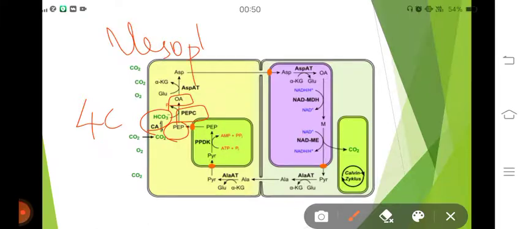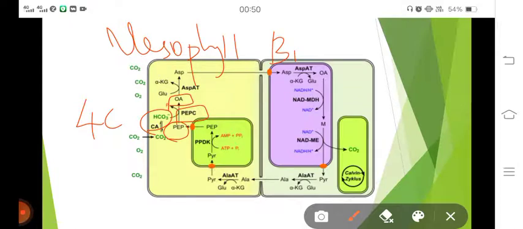This is the mesophyll cell, this is the bundle sheath cell. So this 4 carbon stable compound, oxaloacetic acid, now gets transferred into aspartic acid. This aspartic acid is an amino acid formed from oxaloacetic acid by a reaction called aminotransferase. That is why the enzyme used here is aspartic acid aminotransferase.